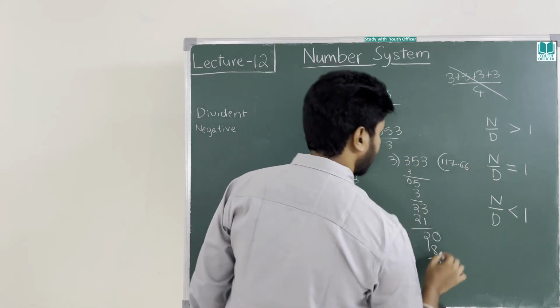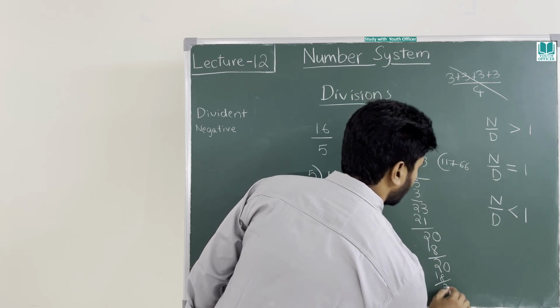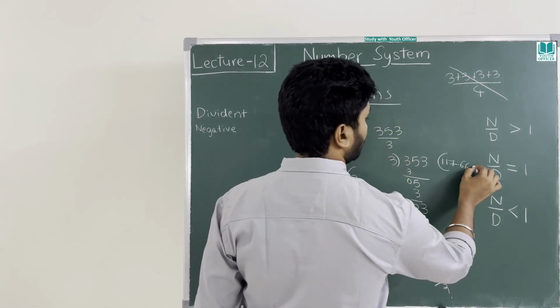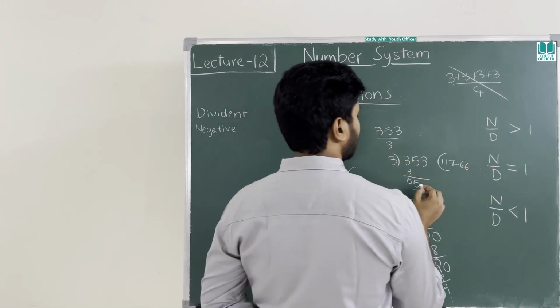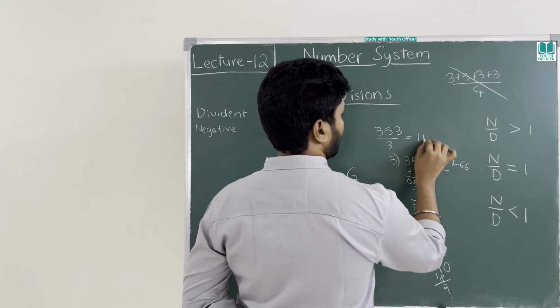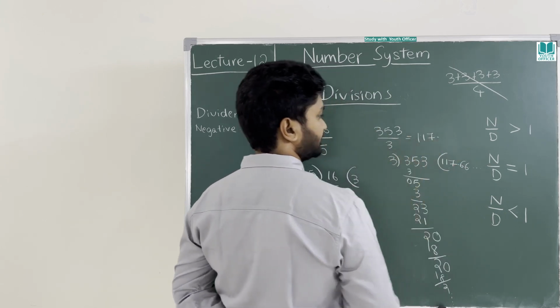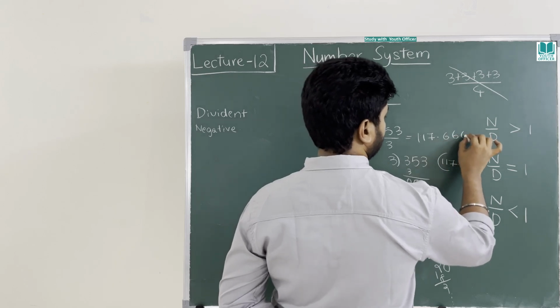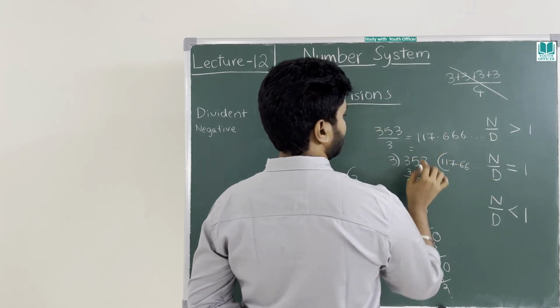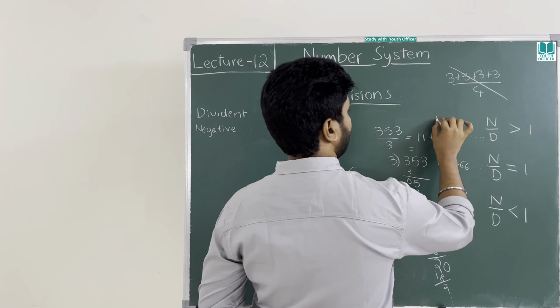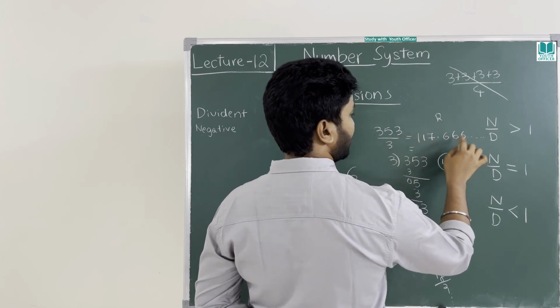Again 6, 18, 2. So it keeps on going here. Answer is 117.666666. This is recurring. 6 is coming again and again.